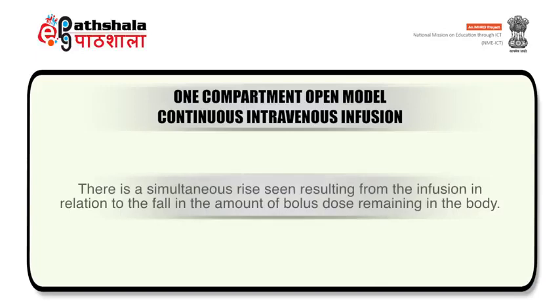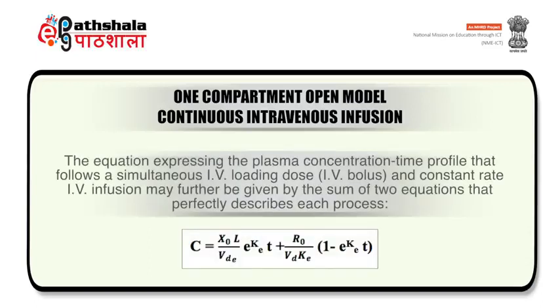There is a simultaneous rise resulting from the infusion in relation to the fall in the amount of bolus dose remaining in the body, and you finally get a complex equation which relates a component for the IV bolus loading dose and the IV infusion dose.